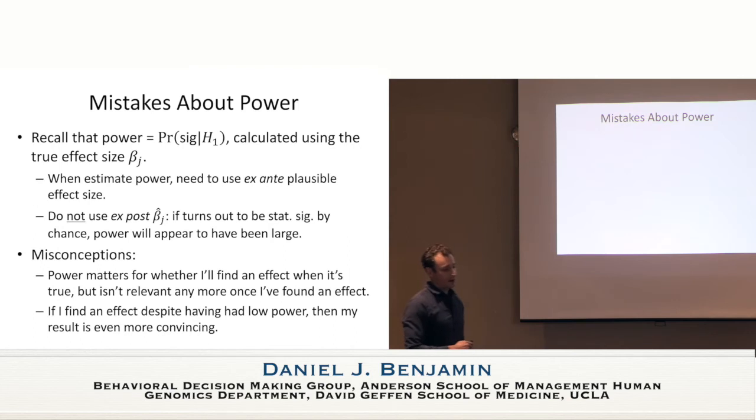Well, first I want to just mention some common misconceptions that people have about power that you often hear mentioned by researchers. First of all, remember what power is: the probability that you find a statistically significant result given that there really is an effect, and you calculate it using the true effect size.